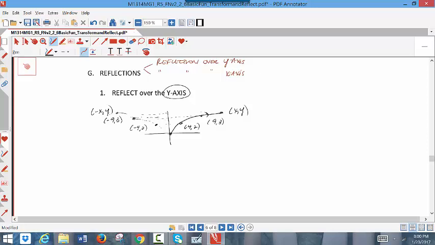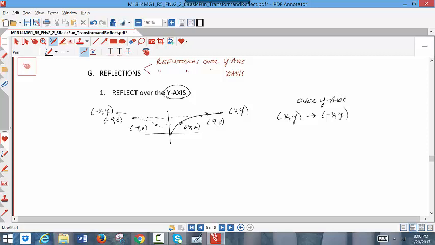So the y values stay the same, but the x values change sign from positive to negative when you reflect from quadrant 1 over into quadrant 2. So in other words, your points x, y become negative x, y when you reflect over the y-axis.